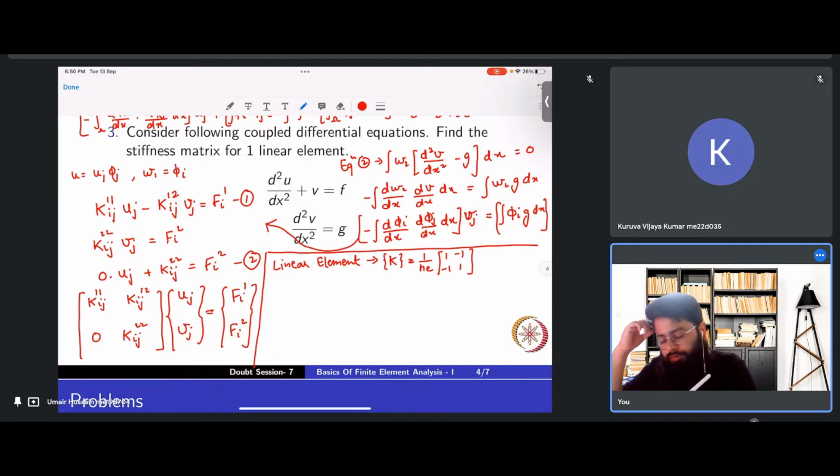We'll consider h equals 1. So the whole stiffness matrix can be written as 1 minus 1 minus 1 1.